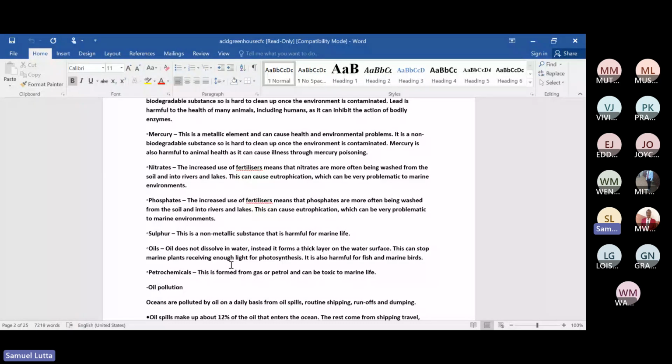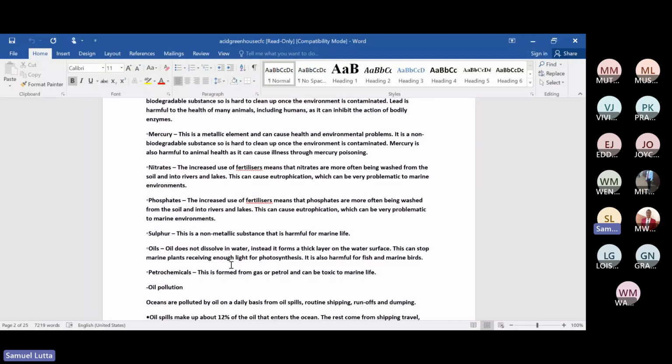Again, when you have this oil, it also affects how oxygen dissolves in water, and therefore, because of this, it can be harmful to both fish and birds, creatures that live in the water.